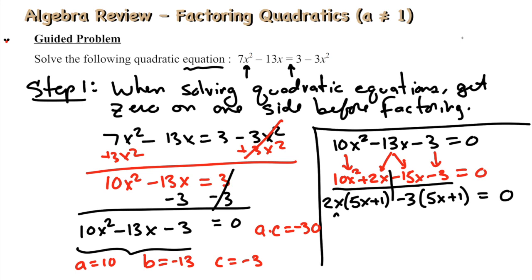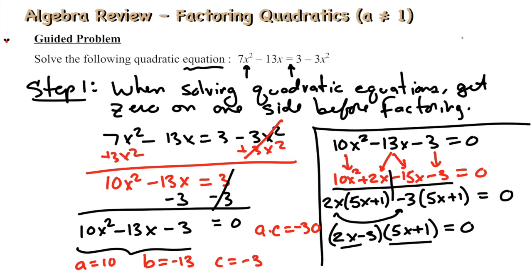And now the 2 GCF factors come together. 2x minus 3 is one of our factors. The 5x plus 1 is the repeated factor, and we write that once. And it's equal to 0. So now we say we have 2 sets of parentheses that when they multiply equal 0.